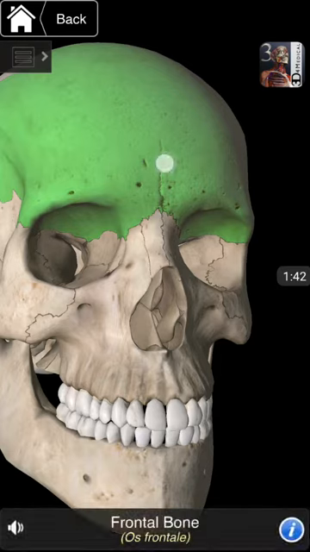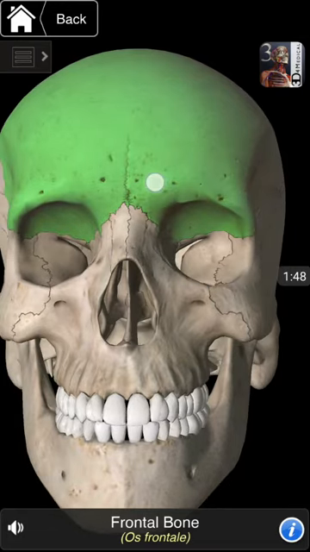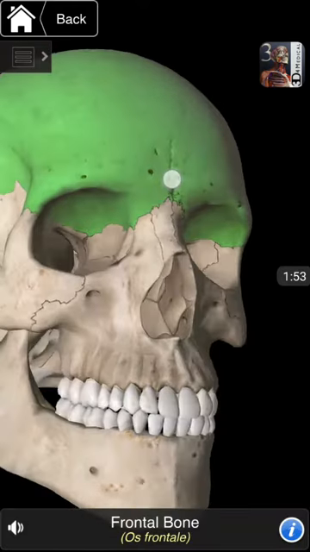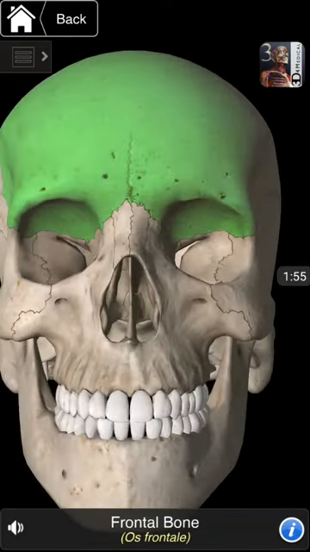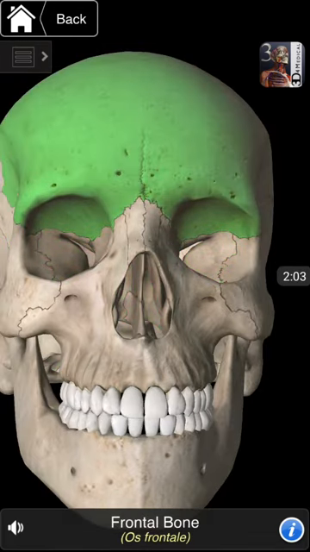Sometimes it may persist in adult life as well. Otherwise it unites and there is no sign of the metopic suture. So again, this is the vertical plate and this is the horizontal plate of the frontal bone.